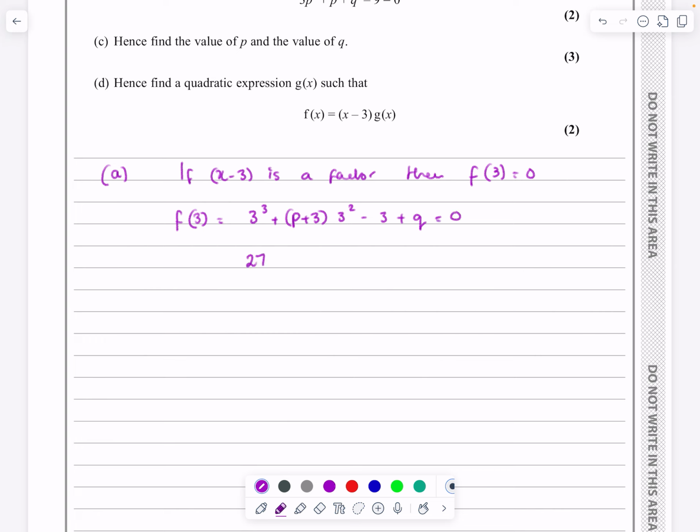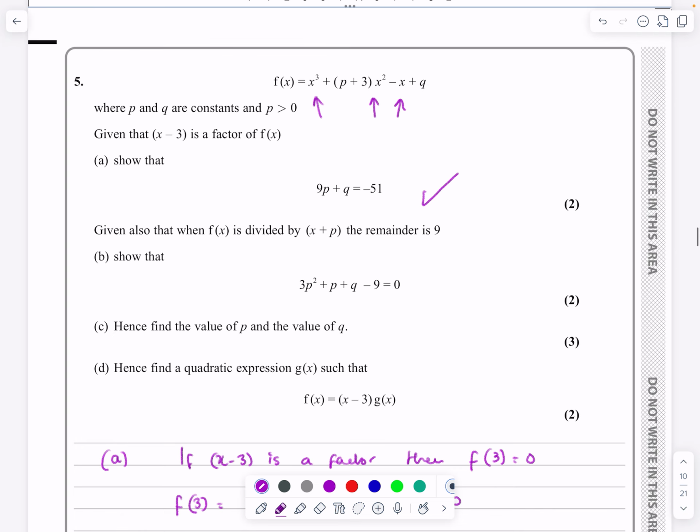So that's 27. 3 squared is 9, so plus 9p plus 27, multiplying out that bracket, minus 3 plus q equals 0. And here we've got 9p plus q, and then taking all the constants over to the other side, equals minus 51, and that's this first part done.